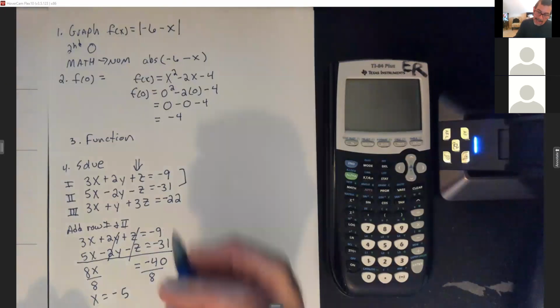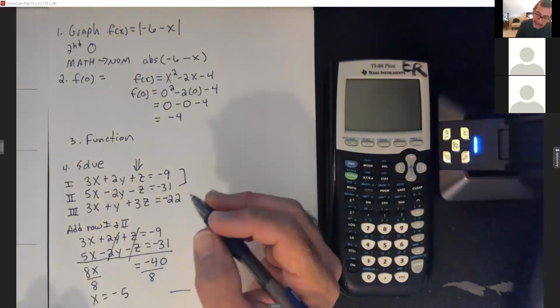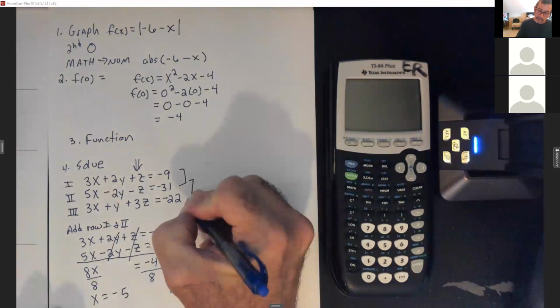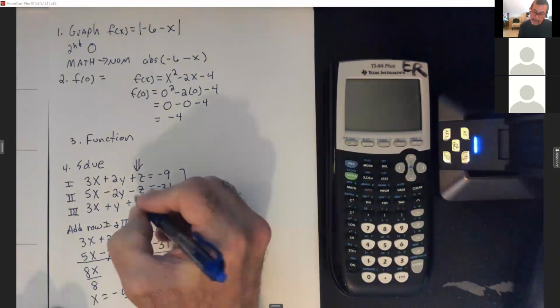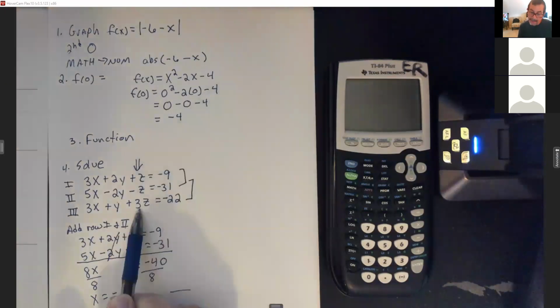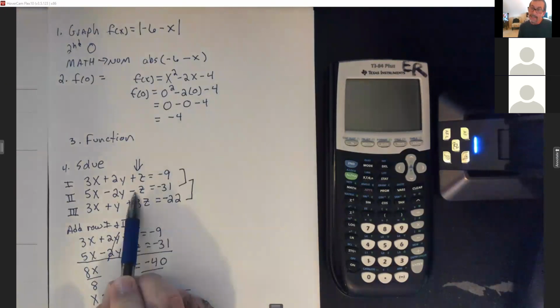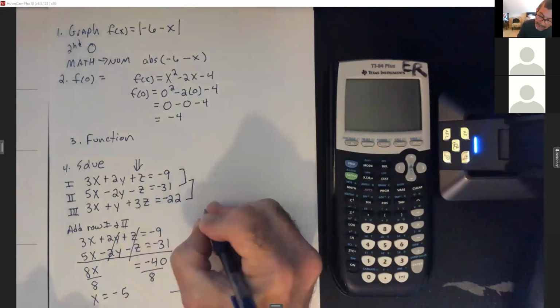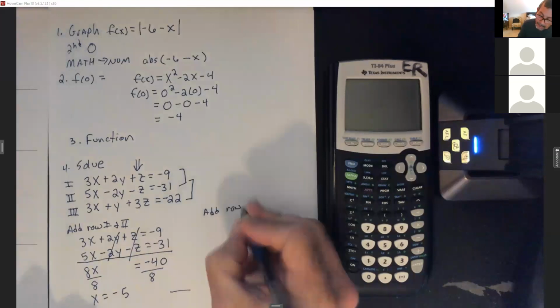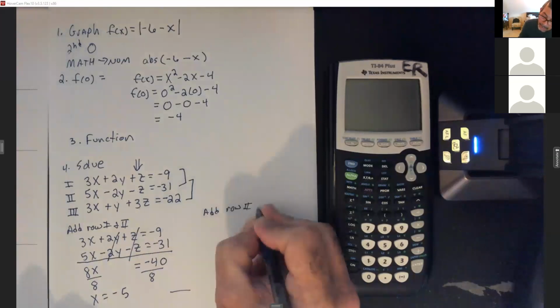All righty, so now I'm going to use these two rows and get rid of the z. But notice this is a positive 3z, that's a -1z. So I'm going to multiply row 2 by 3 so I can make that a -3z. And when I add them, they'll cancel. So I'm going to add row 2 and row 3.